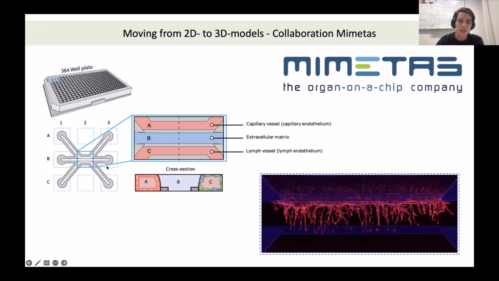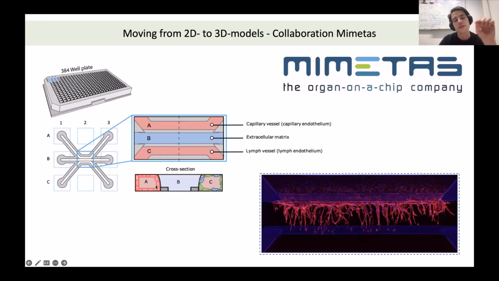And these are basically 3 tubes, which are in the middle in contact. In the middle tube, you can put your ECM matrix, and this can be any substrate. It can be a mixture of collagen, gelatin, actin, you name it, or it can be a single substrate, so maybe only the collagen.